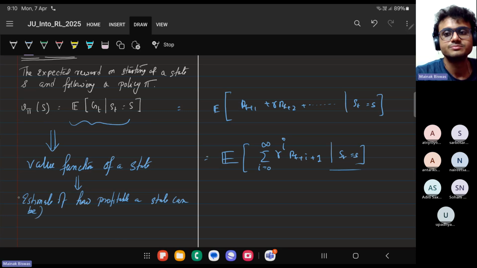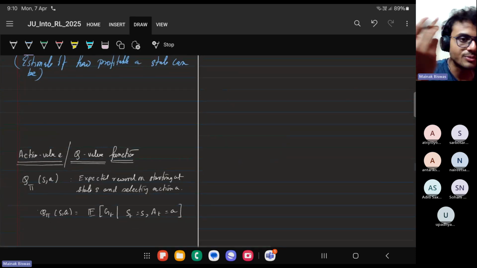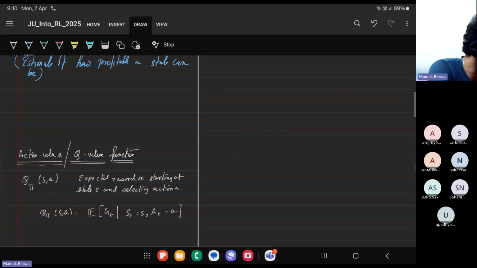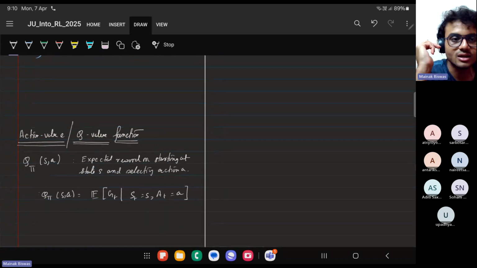Fine. Any questions? Okay. So now the value function, or v, is very simple. It's just very blunt. So we'll try to make it a bit more spicy, and we'll bring in one more variable. That is, we'll bring in the action over here.